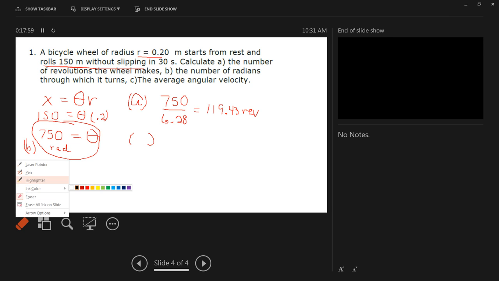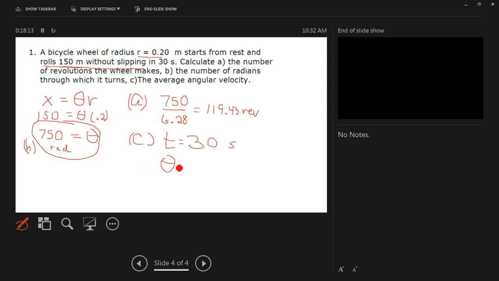Go back to the pen. Part C, we have the time of 30 seconds. We know the angle theta through which we were turning, 750. So I guess we could use the formula to find the average velocity.